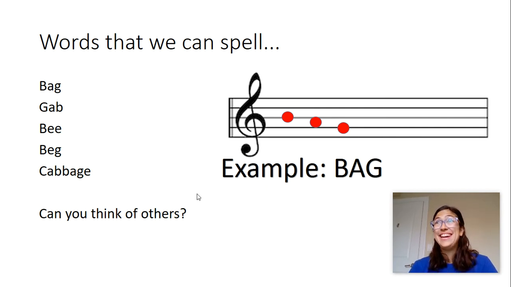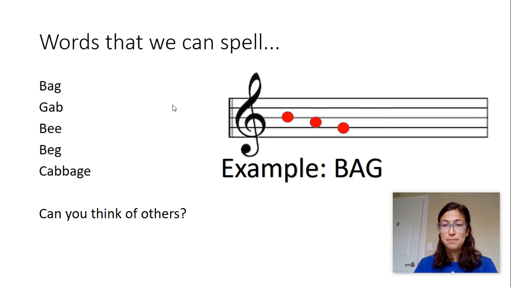Can you think of any other words? You can either write the staff and write the word for me, or if you have an instrument at home and would like to play that word for me, I would love to see some videos of that.